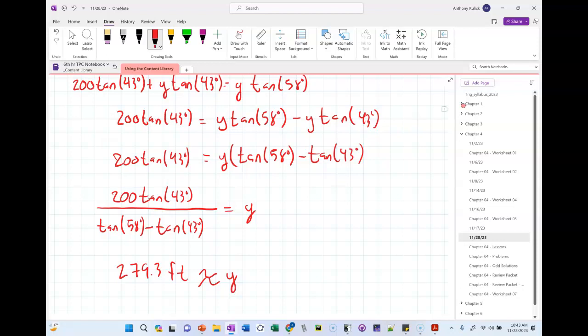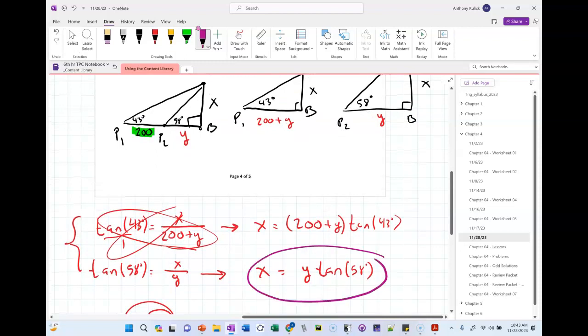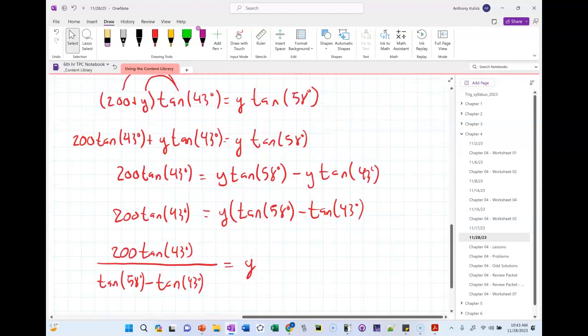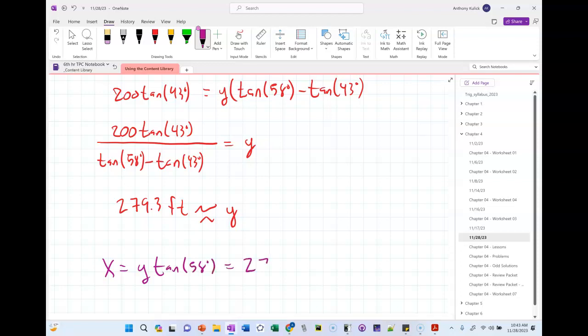But that's not what I wanted to solve for, right? I was trying to solve for the height of the building, which was x, right? To get the x, I know that x is equal to y times tan 58. So 279.3 times tan 58.